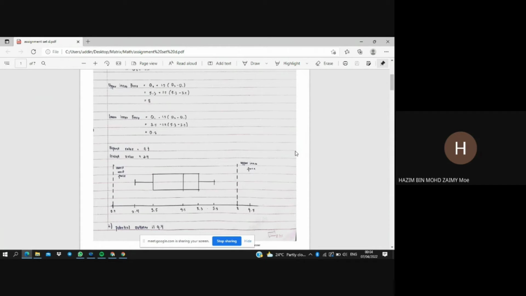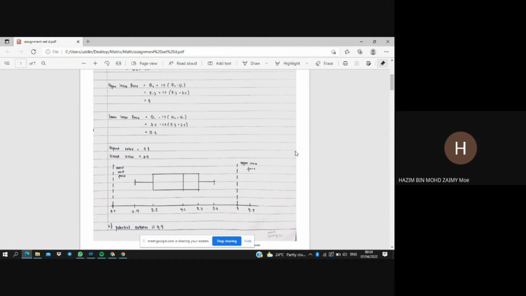So we get 8. Lower inner fence equals quartile 1 minus 1.5 times quartile 3 minus quartile 1. Quartile 1 is 3.5 minus 1.5 times 5.3 minus 3.5.